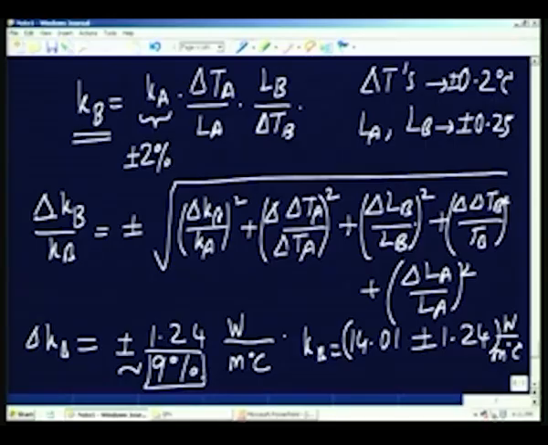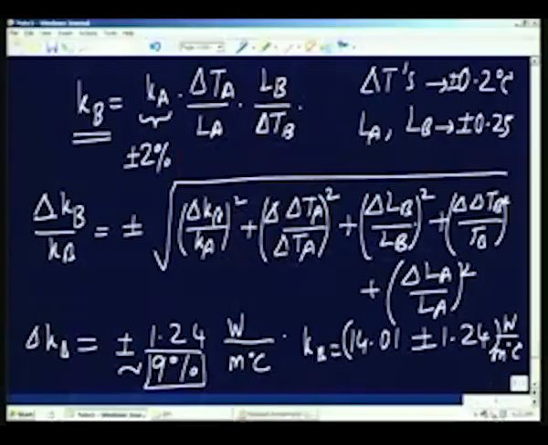We can also discuss this error by looking at how we can reduce the error. For reducing the error, what are the sources of error? Sources of error, of course, the measured values. The Ka we have no control over because Ka has a specified value of 2%. It is the delta T's which need to be measured more precisely.